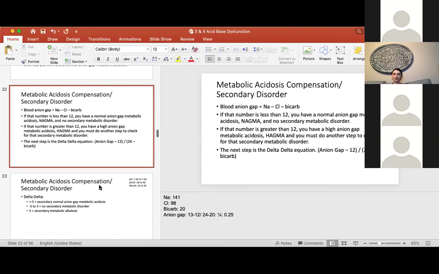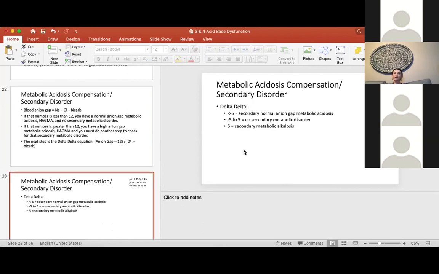So let's look at this. If it is less than -5, it's going to be a secondary normal anion gap. If it's -5 to 5, there's not going to be a secondary metabolic disorder. And then if it is 5 or more, it's going to be a secondary metabolic alkalosis.